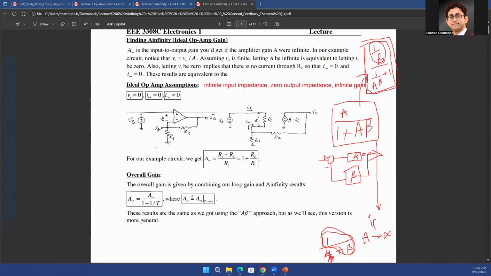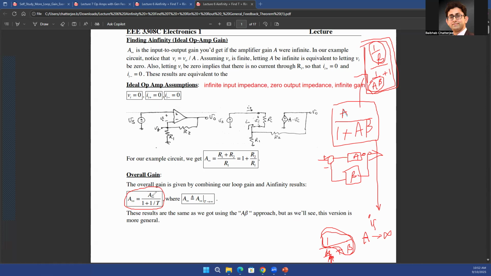So the loop gain is A times beta, which is over here, and you have a 1 over beta, which is the gain of the closed loop system, if you had assumed an infinite feed forward path gain. Okay. So this equation you can represent as A infinite divided by 1 plus 1 over T. Now, what is A infinite?